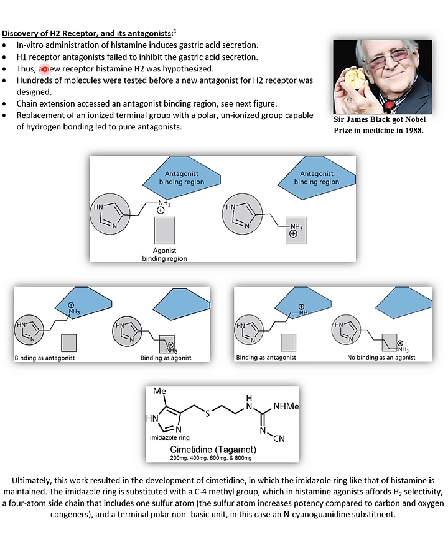But antihistamines, although they inhibit histamine from binding to its receptor and inhibit the allergic reactions, were not able to inhibit the gastric acid secretion. Back then, they did not know if they have more than one receptor or just one.